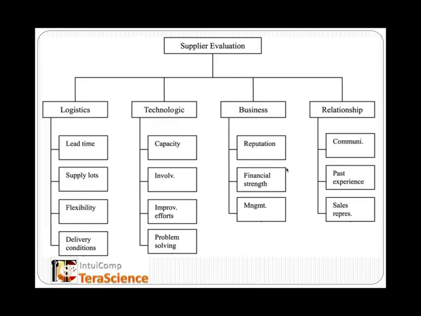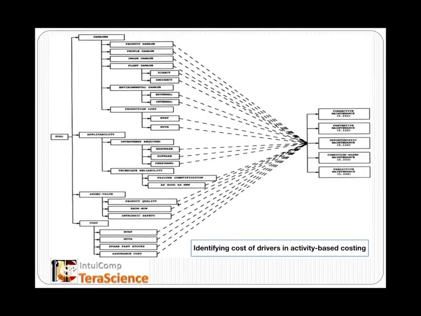We can look at another example. If there is a goal that we want to solve, and for that goal to be solved, we look at 4 different features. Let's say damages, applicability, added value, and cost. If you look at, for example, damages, there can be different types of damages: product damage, people damage, image damage, plant damage.